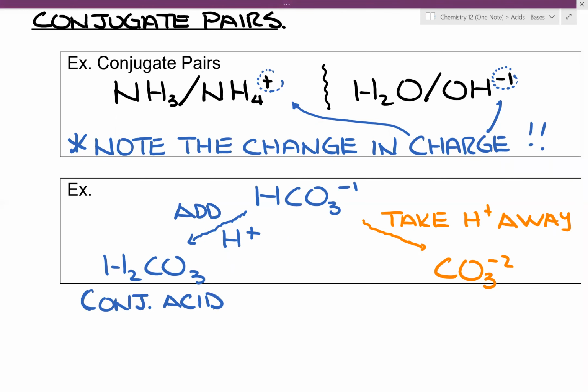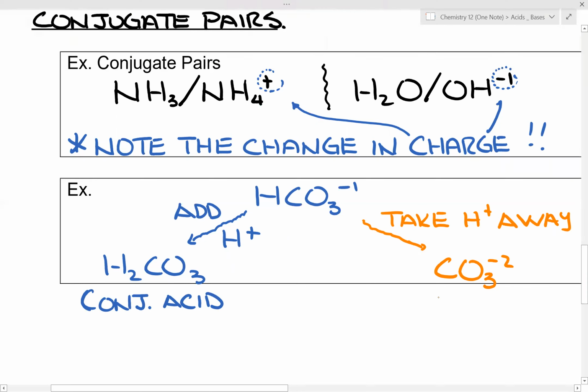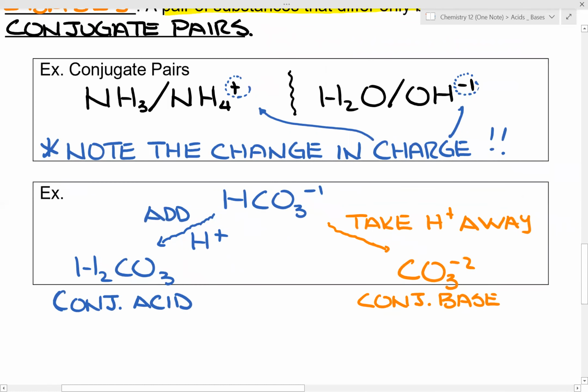If I take a proton away, CO3 2 minus would be considered the conjugate base. So if I were to ask, what is the conjugate base of HCO3 minus 1? You take away a proton and you lower the charge and you get CO3 2 minus. That would be the conjugate base.